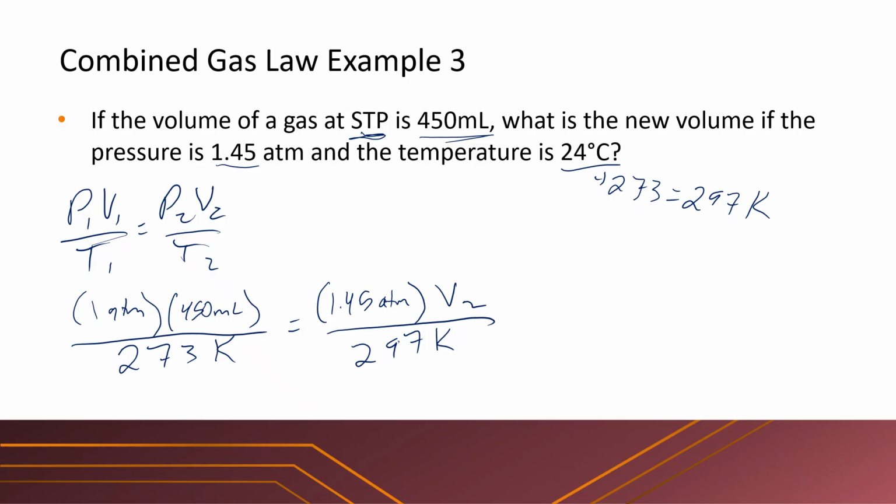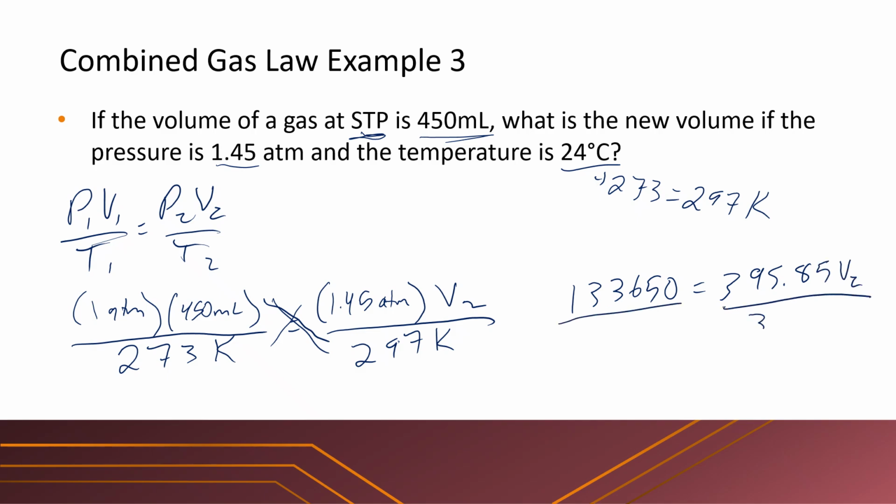Now, I want to solve for V2, so I'm going to cross multiply. Let's go this way first: 1 times 450 times 297 gives us a really large number. And then the other way, when we cross multiply, 273 times 1.45, we get 395.85 V. And then to get V by itself, you divide both sides by 395.85.